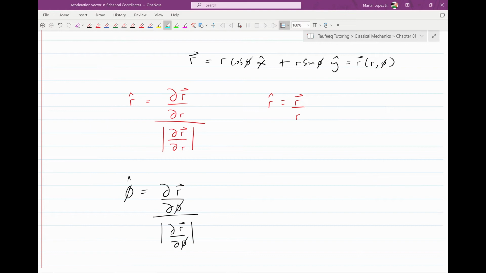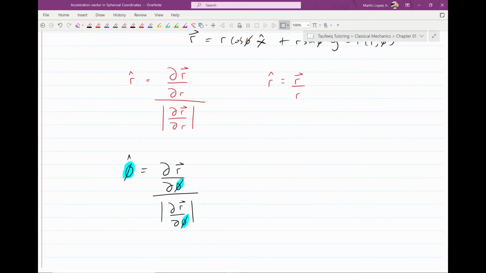So that'll give us our unit vectors. These are always the same: you take the derivative of the position with respect to the variable you want the unit vector in the direction of.